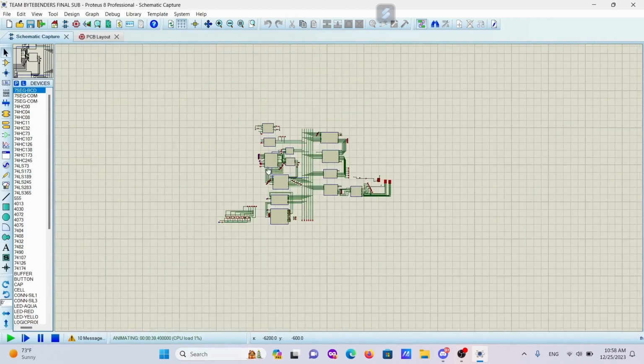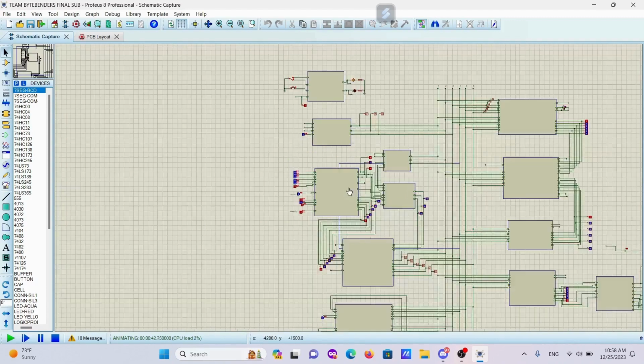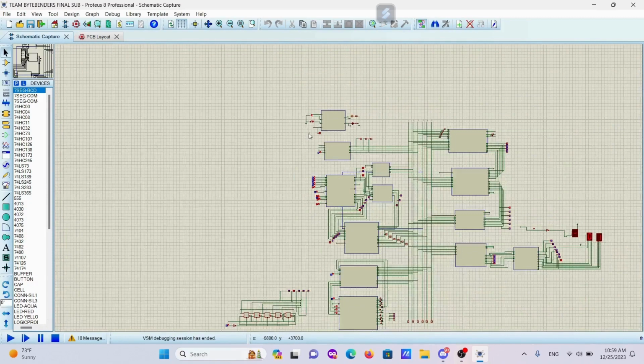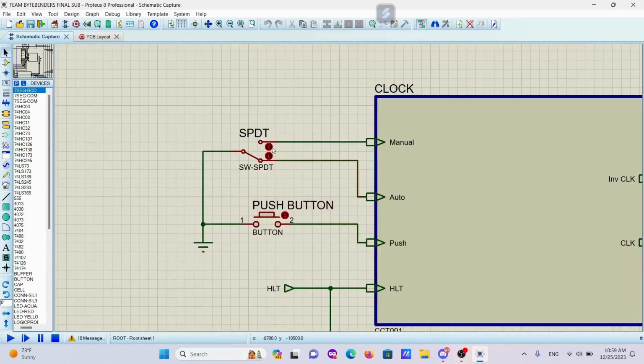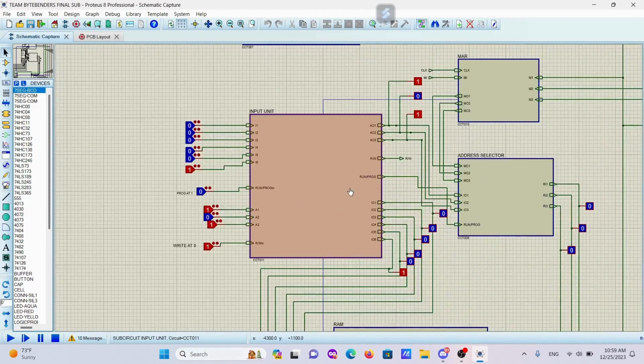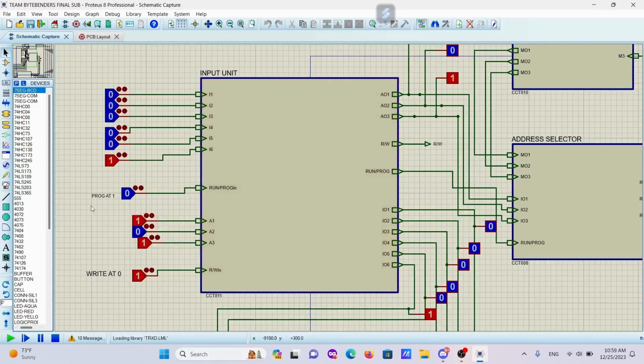Okay, let's now do one more operation. Suppose we want to subtract 3 from 5. So again, we will stop the program and take the clock to manual mode. And we will program in a similar approach. So let's start.